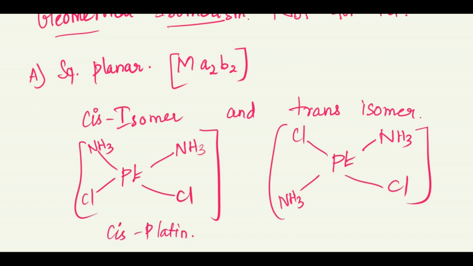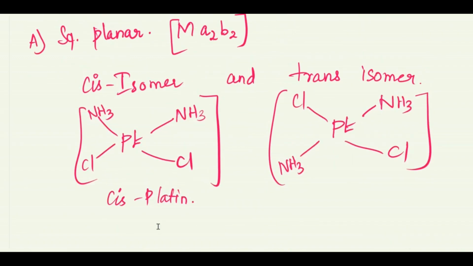It is used as a cure for cancer. But the trans isomer won't exhibit those properties. It is biologically inactive. Geometrical isomerism in square planar complexes is observed when two different types of monodentate ligands are present. Okay. Now we are moving to the octahedral complexes.